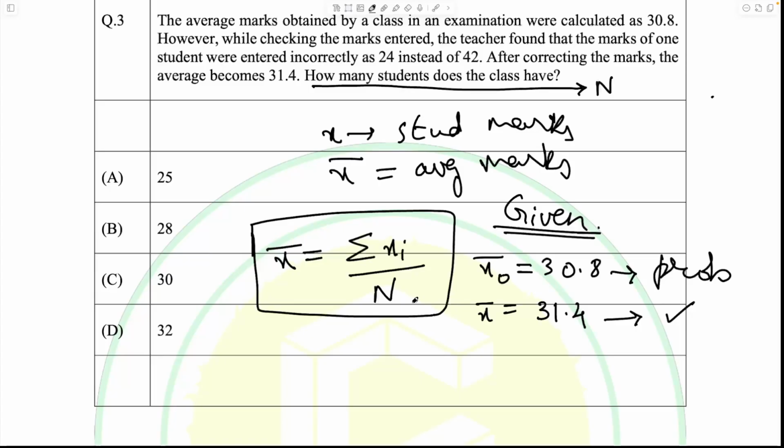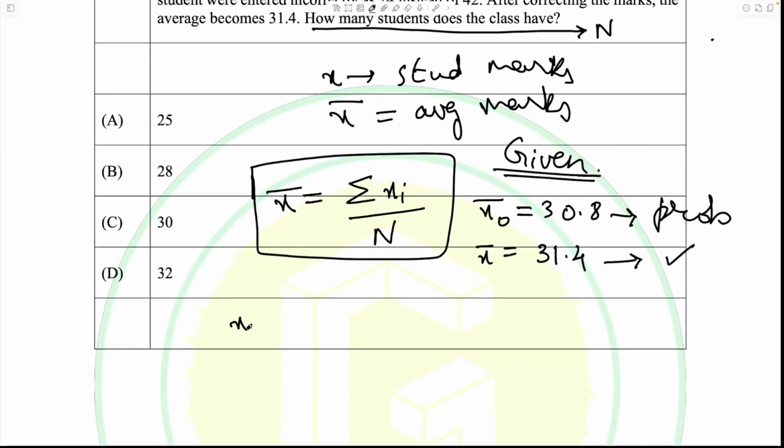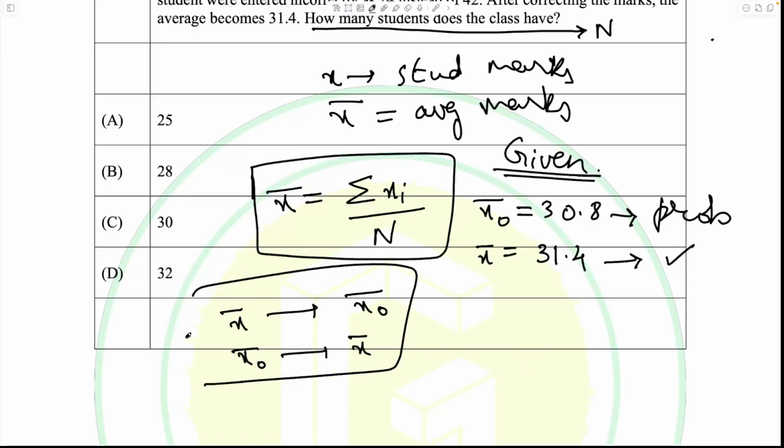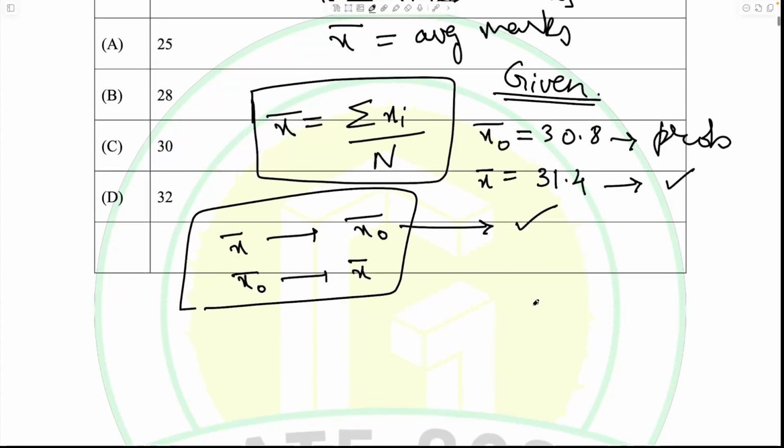If that were not true, then there are only two ways: either you can form the new mean in terms of your old mean, or you can find your old mean in terms of your new mean. Both of them are completely equivalent. We can pick any one of them. I will pick this one and solve from there.